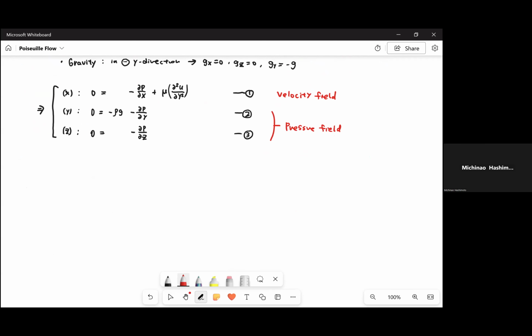So let's carry on. The next step is to identify the boundary conditions. In this case, this is also quite simple.